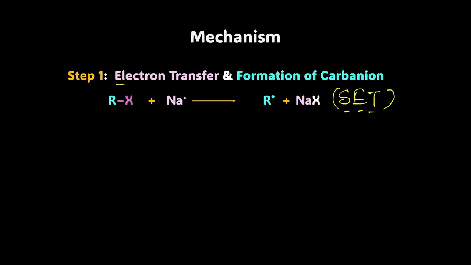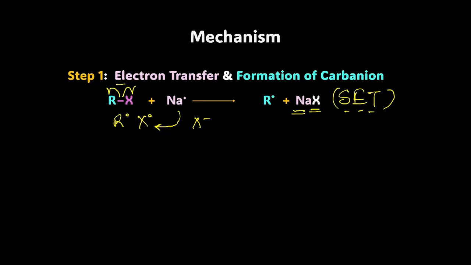Okay, so this leads to kind of a homolysis here that leads to the development of R free radical and X free radical, and sodium, since it has transferred one electron, we get X minus, which you can see is balanced with this Na+. So you get sodium halide, and along with that you get alkyl free radical, right?